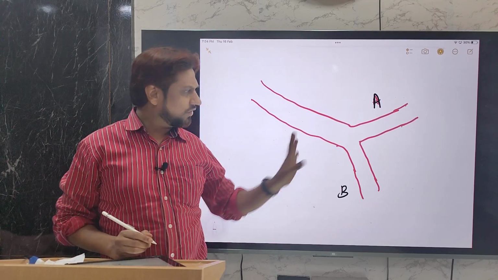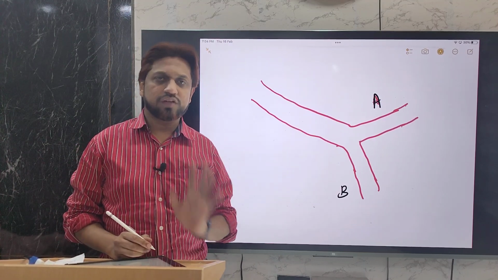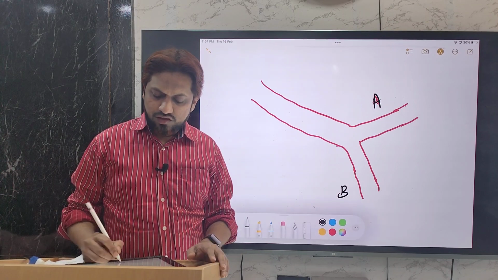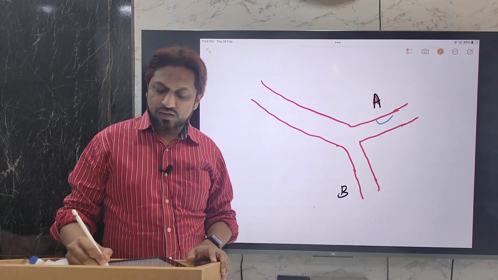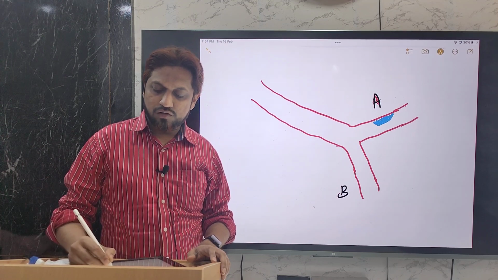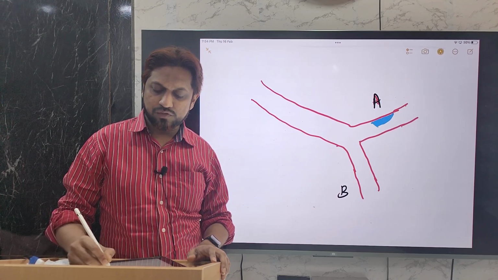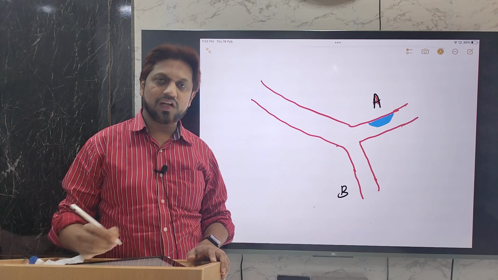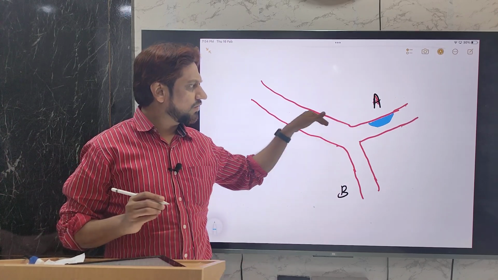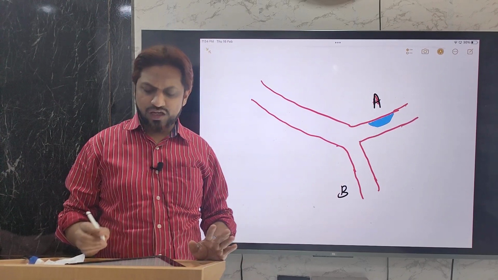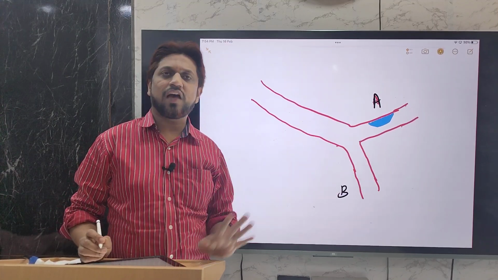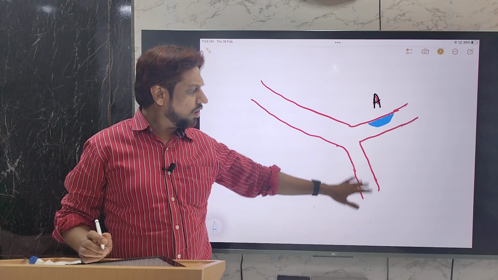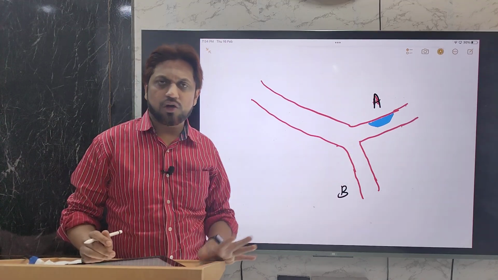This is just a hypothetical example to understand this phenomenon. Now in branch A, suppose there is a blockage or an atheromatous plaque, some abnormality has developed here which is blocking the blood flow. And blood vessel B is of normal caliber, no abnormality is seen.